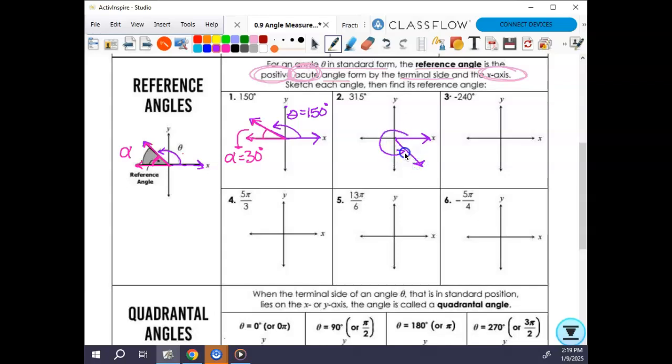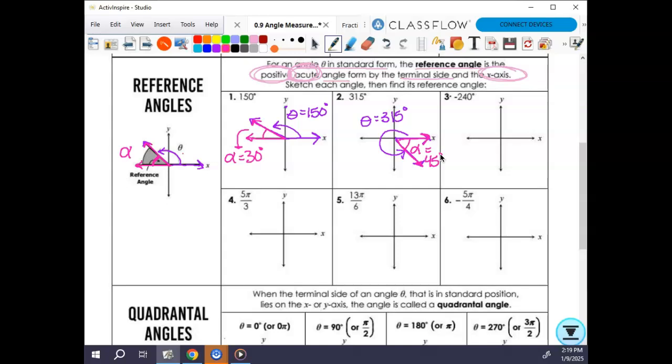And then this is theta, which is 315 degrees. Okay? Everybody okay on getting that? So then my reference angle, my terminal side and the shortest way to the x-axis, this is alpha. What's the measure of alpha? 45. Like we figured that out to be able to graph it, right? It's not going to be difficult to find.